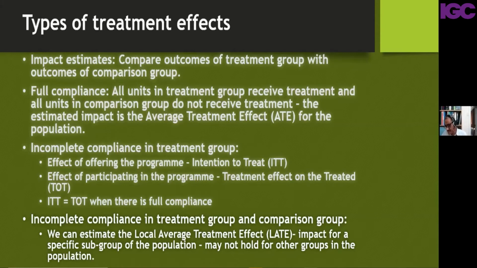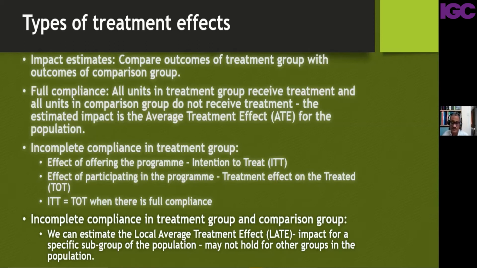In such cases, what we estimate is what is called the local average treatment effect, or LATE. So that gives you the impact for a specific subgroup of the population. And of course, this effect may not hold for other groups in the population.